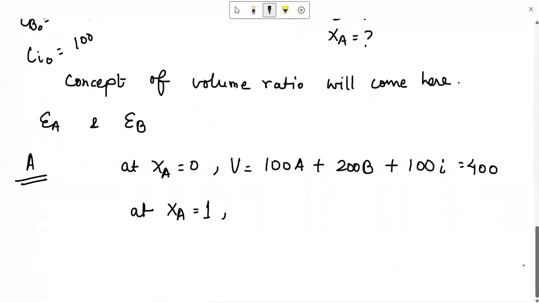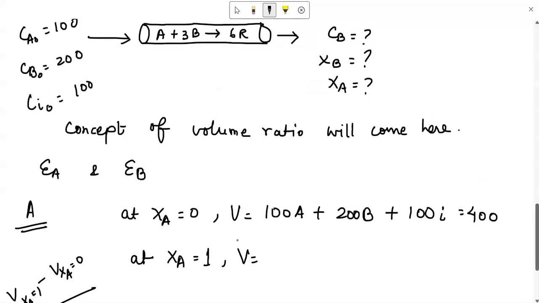But for the formulation of volume ratio, you need V at Xa equals 1 minus V at Xa equals 0, divided by V at Xa equals 0. This will give you the volume ratio for A. At Xa equals 1, if all of the A is consumed, that means 0 A, then how much B will be consumed?